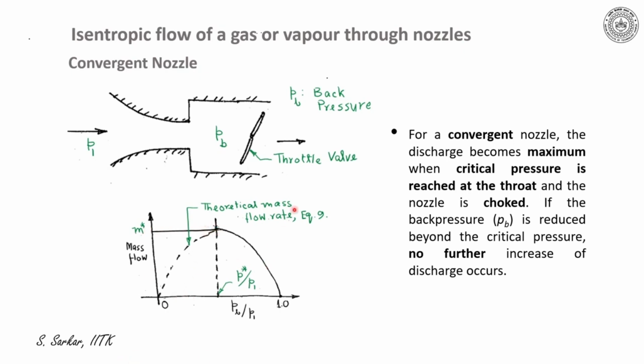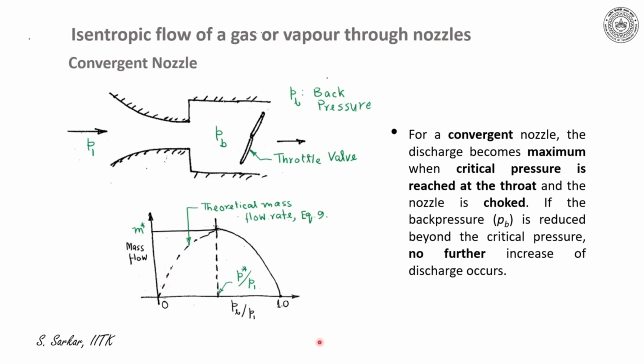However, the equation 9 gives the change, which is represented by the dotted line. So the dotted line indicates the theoretical mass flow rate through the nozzle.